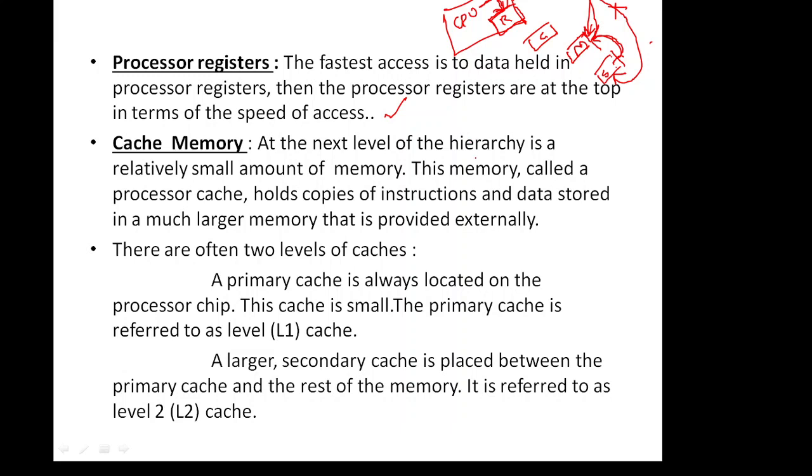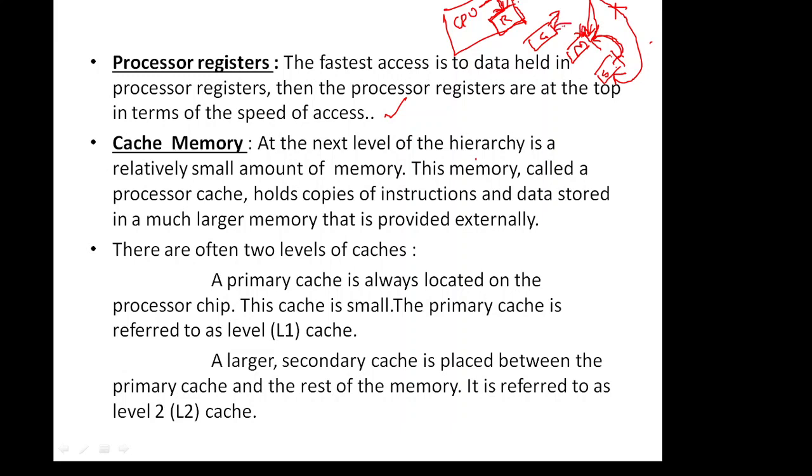When it comes to the cache memory, it is the fastest memory. Why? Because the cache will be near to the CPU. The purpose of this cache is to hold copies of the instructions and data stored in memory. For example, a copy of the main memory data is going to be stored in the cache memory.